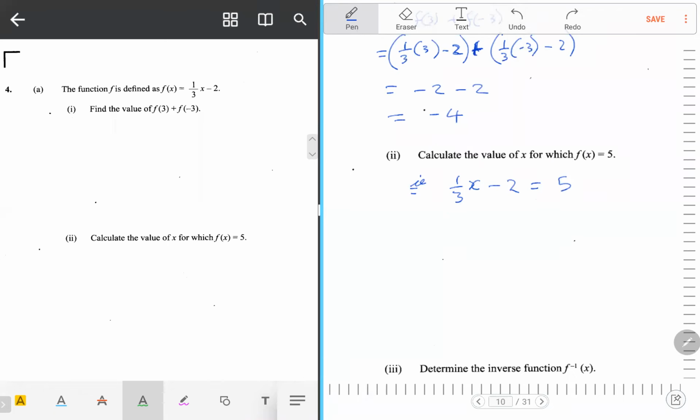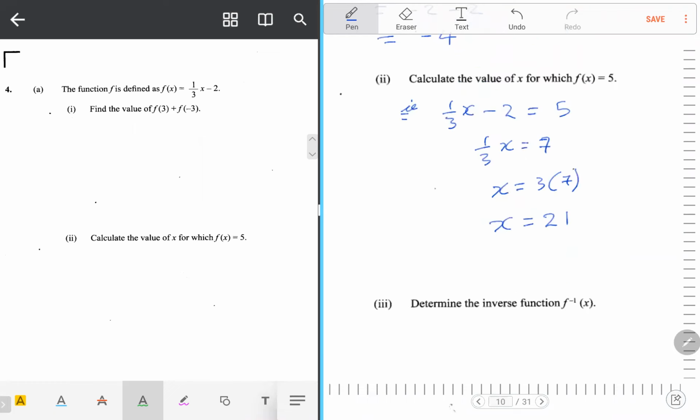It's basically transposing to make x the subject. So we can cover the 2 first and get 1/3 x equals 7. I add 2. And then to get rid of the 3, I multiply by 3. And so you get x equals 3 times 7, x equals 21.